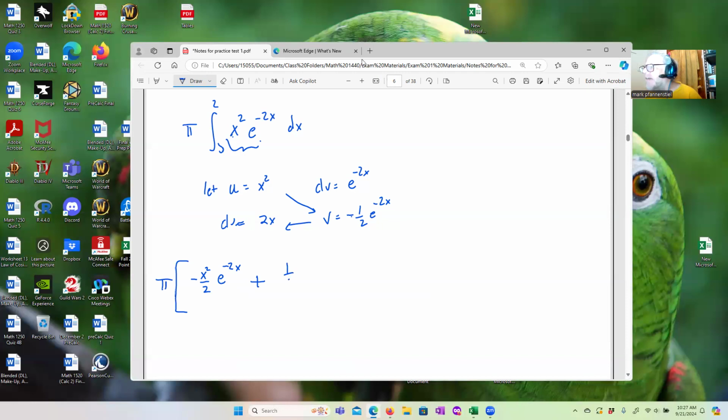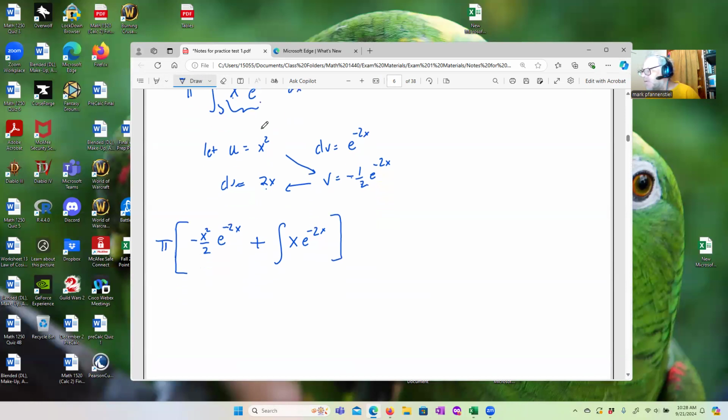We're going to have 1/2 times 2, so we're going to have plus the integral. This 2 and this 1/2 are going to cancel. x e to the negative 2x. This is what we're left with.